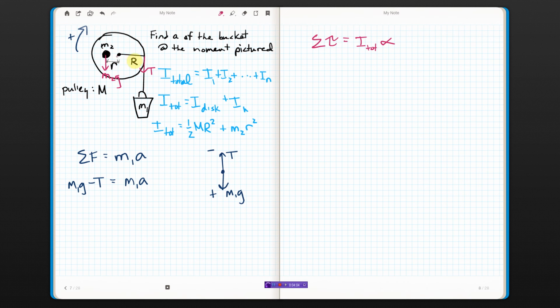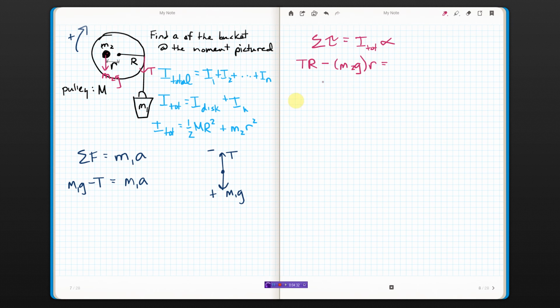Ooh, okay. So I've got two torques this time. Here's the pivot. So this one's going to cause a positive torque. That's going to be positive T at a distance R from the axis, minus this one's going to cause a negative torque. The force is m2g at a distance of little r from the axis.